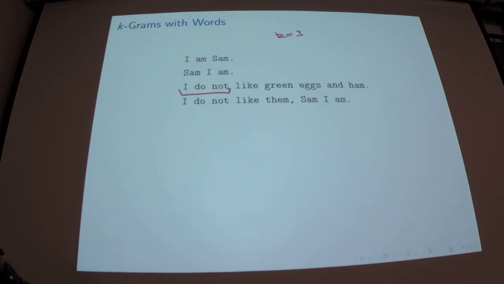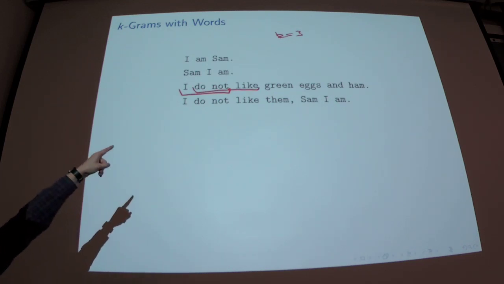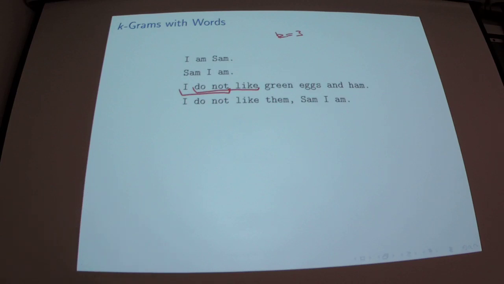But I'm going to overlap these, and so it's sometimes called shingling, like shingles on a roof, where the next one would be "do not like". The "do not" will be in both, and then I'll have "not like green", and "like green eggs", and "green eggs and", and "eggs and ham". So that would be, for this document, this set of the 5 different k-grams.